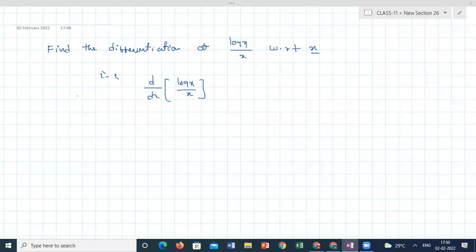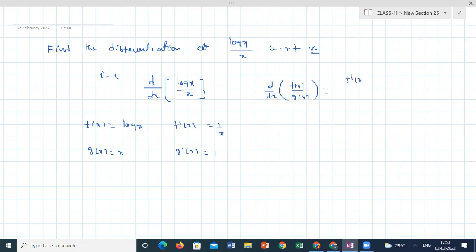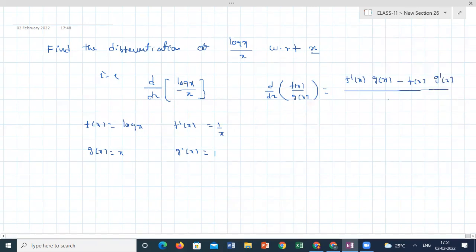Anyone got the answer, students? So this also looks like the differentiation of f of x by g of x. Your f of x is the numerator, log x, and the differentiation of f of x is 1 by x. Your g of x is x, and the differentiation of g of x is 1. Now the differentiation of f of x by g of x is f dash x into g of x minus f of x into g dash x, divided by g of x whole square.